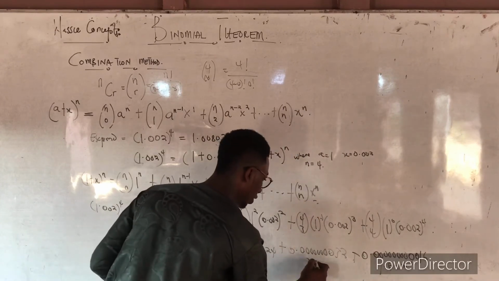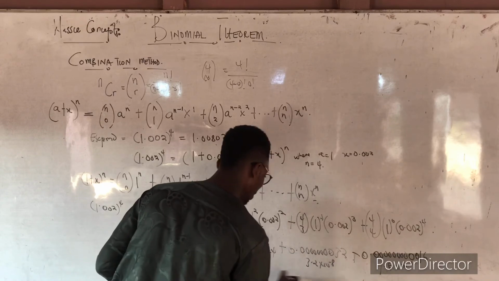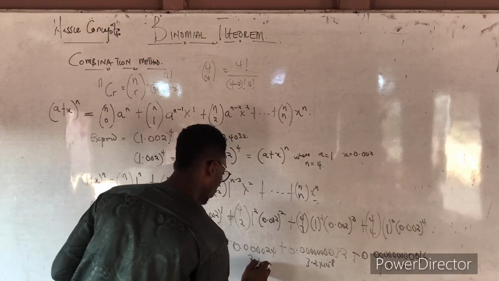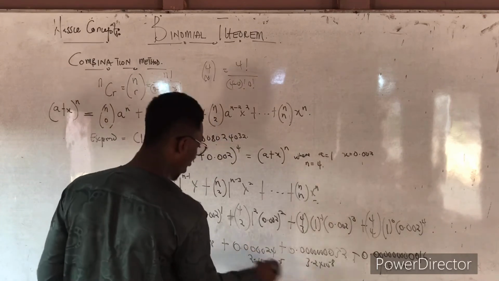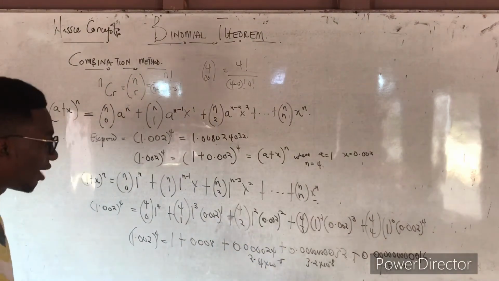This one will give 3.2 times 10 to the power negative 8. This one is 2.4 times 10 to the power negative 5. Yeah, that's it.